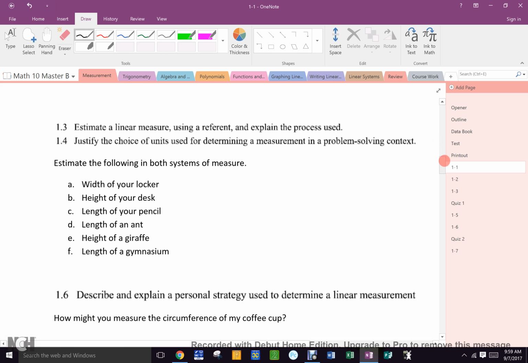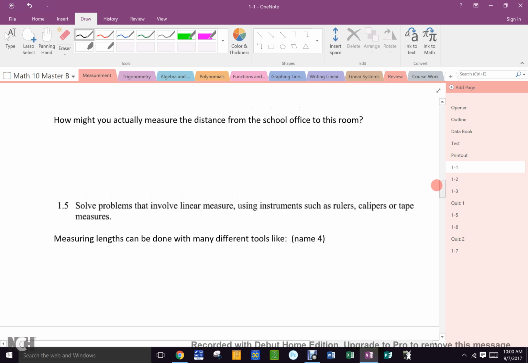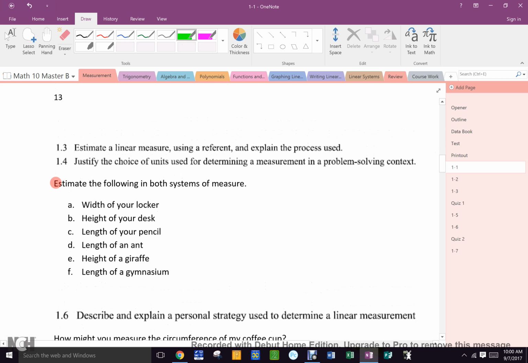All right. Your job for the next 10 minutes is to try to fill in your page, which should end at 1.5. Please notice I want an estimate in both systems.